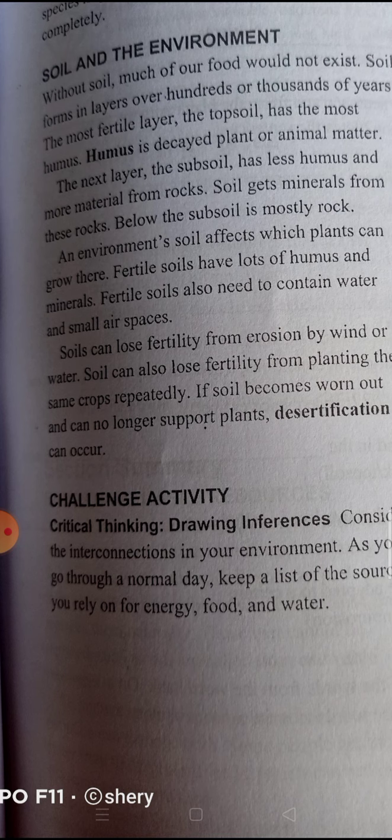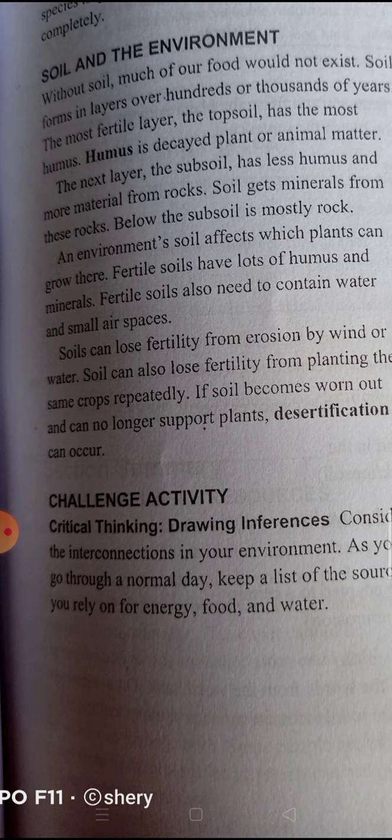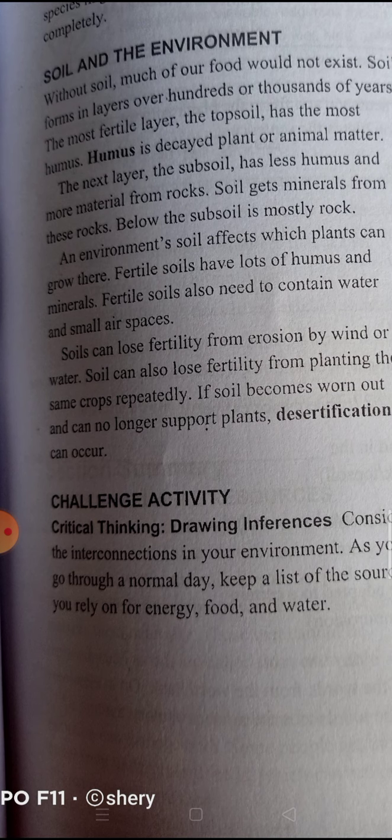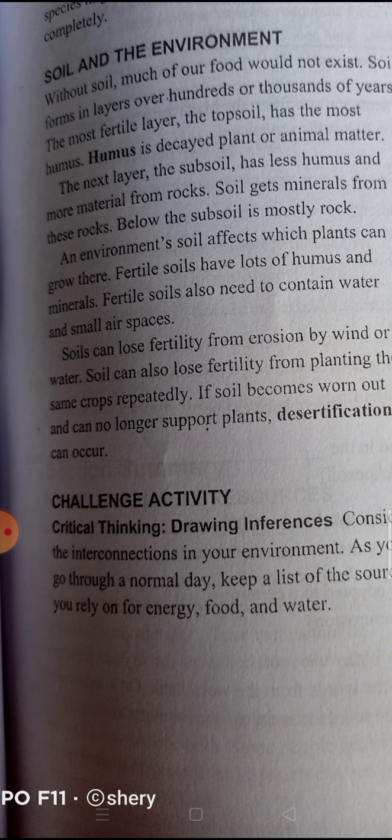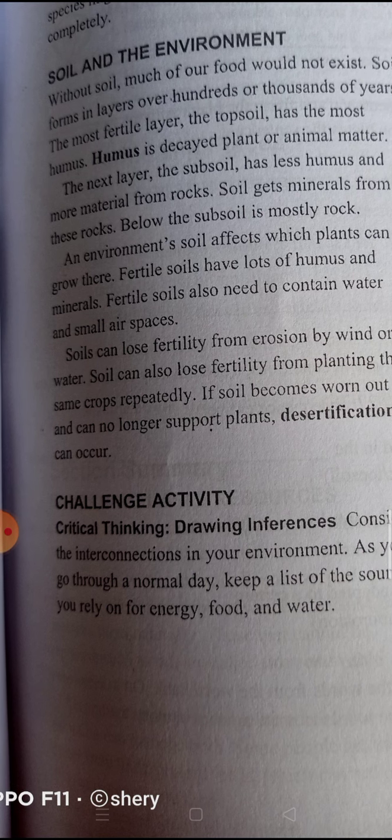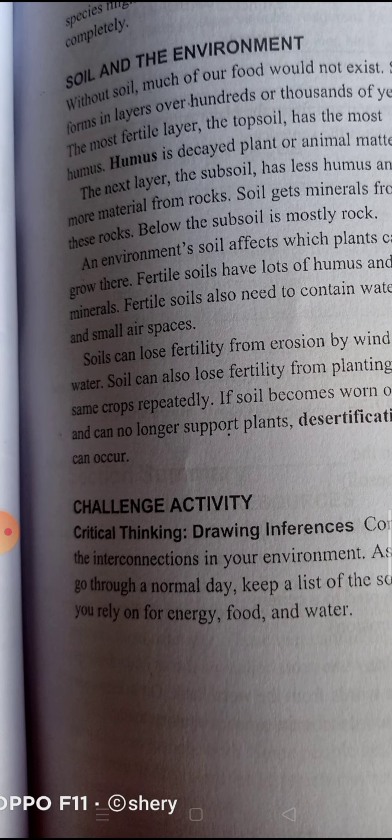Fertile soils have lots of humus, lots of minerals, water, and small air spaces. And I said before, fertile means rich soil or suitable for farming crops.